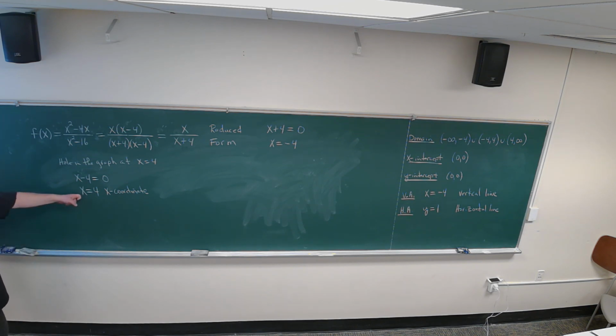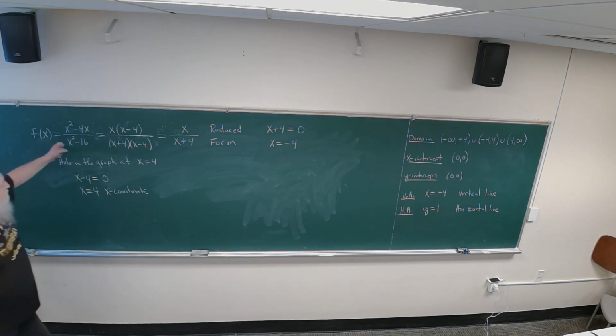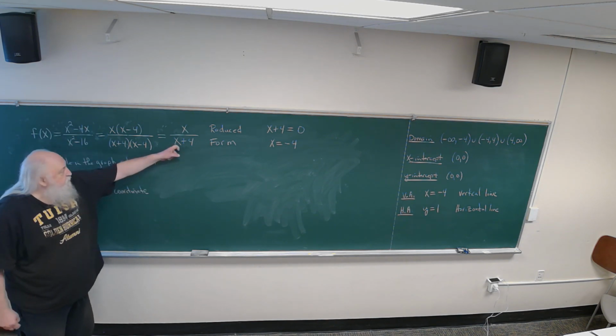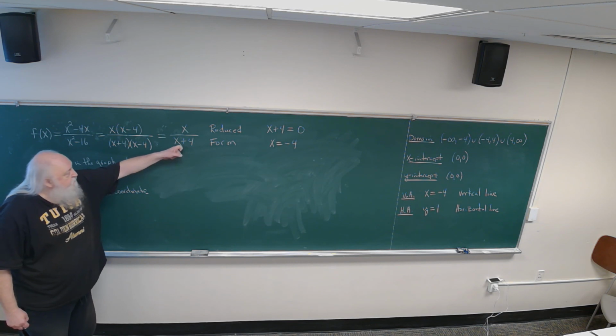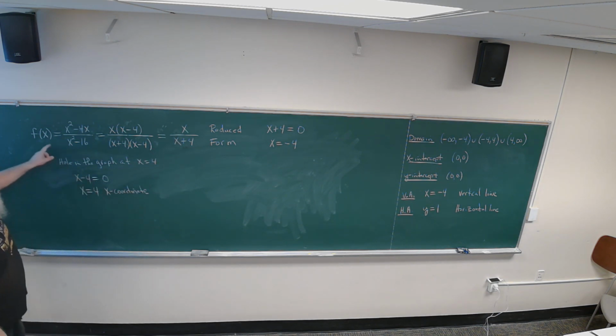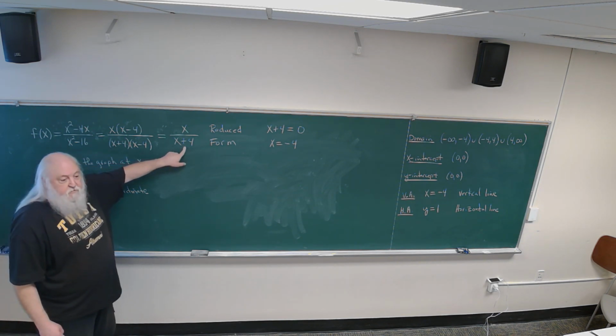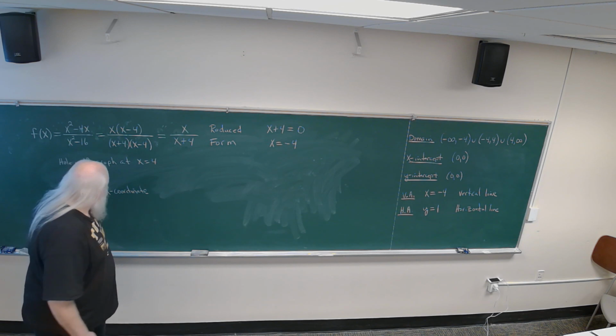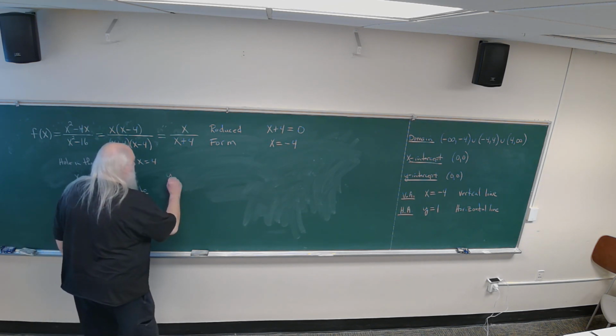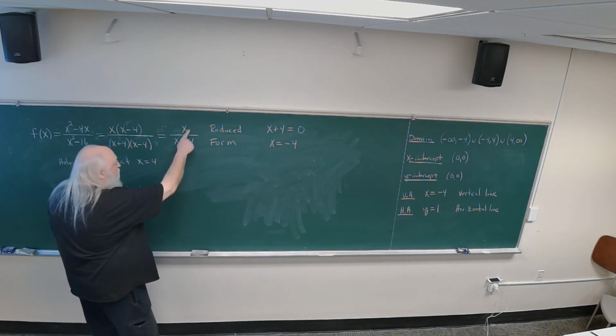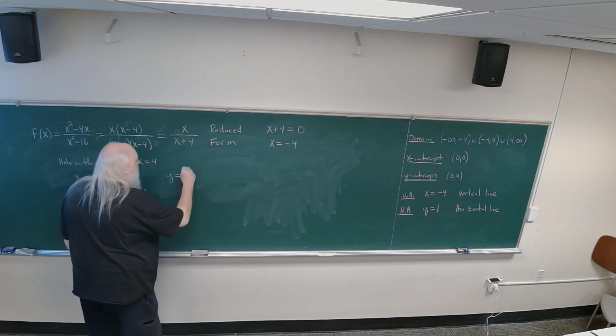Now, to find the y coordinate, you evaluate the reduced form at x equals 4. You can't put 4 in for x in the original rational function because you're going to end up with 0 divided by 0, which is undefined. So to get the y coordinate, you use the reduced form. So you set y equal to, and we put 4 in for x.